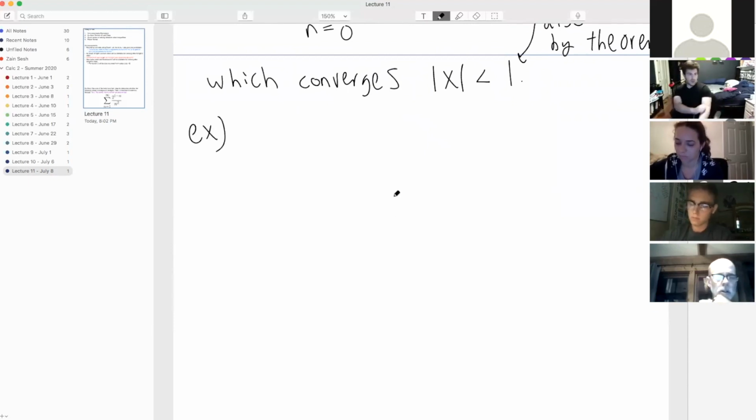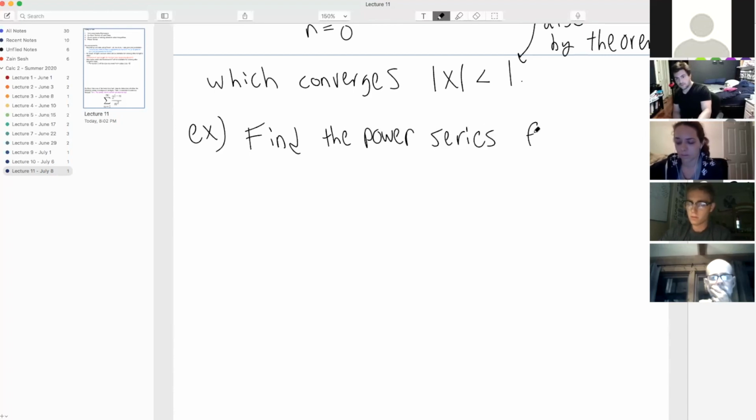So this theorem will actually allow us to find the power series for natural log of 1 plus x.